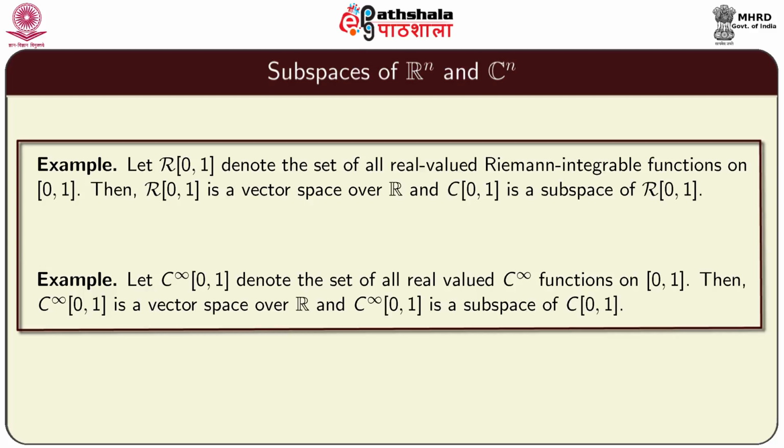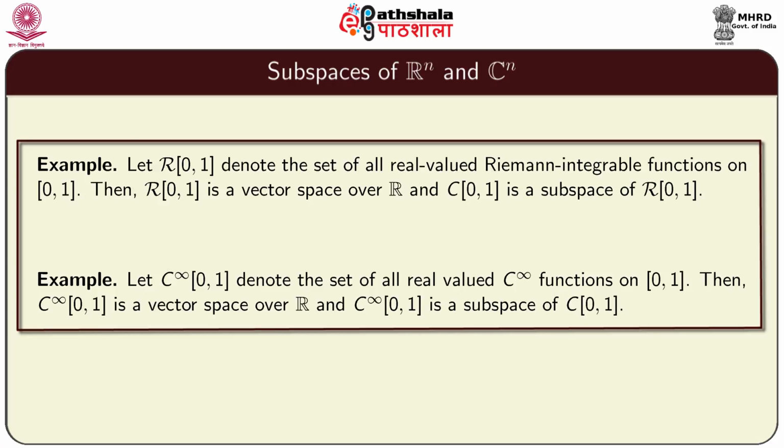The next example is about C infinity 0 1, which stands for the collection of all real valued C infinity functions on 0 1, that is the collection of all infinitely differentiable functions on the interval 0 1, and the functions are real valued. Again, with respect to pointwise addition and scalar multiplication of functions, C infinity 0 1 is a vector space over R, and we know that every differentiable function is continuous.